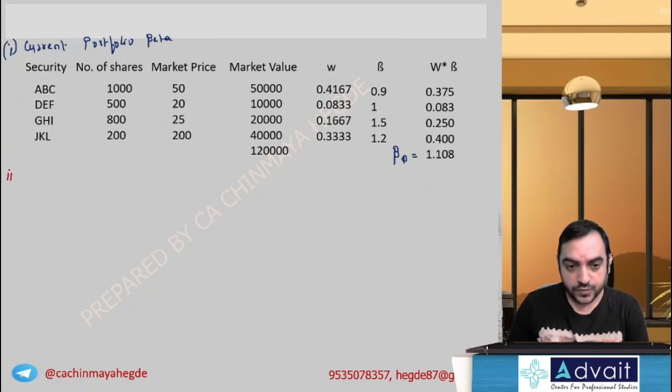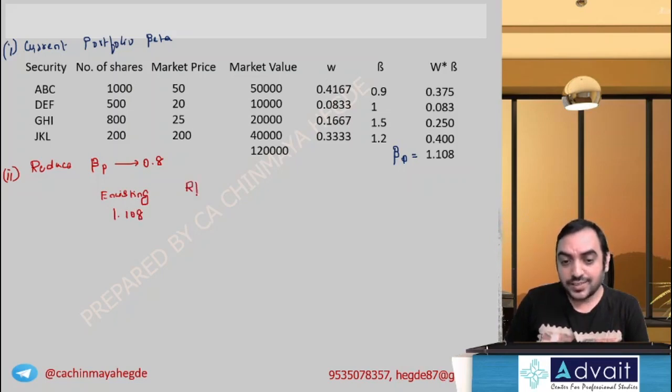Okay. Second part of the question. What is the objective? Reduce the portfolio beta to 0.8. So existing, you're having 1.108.